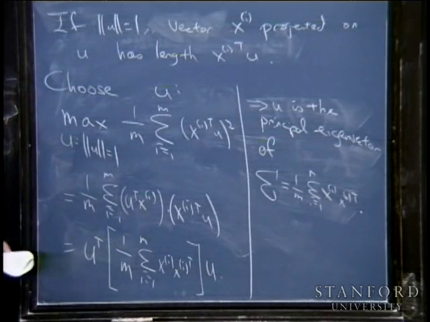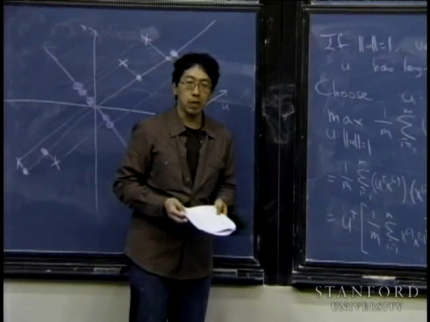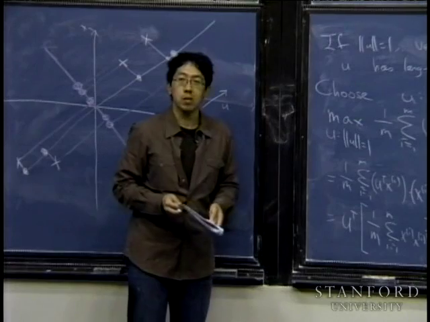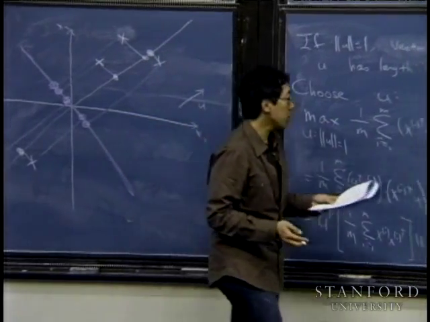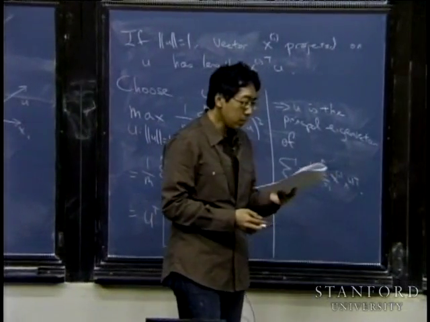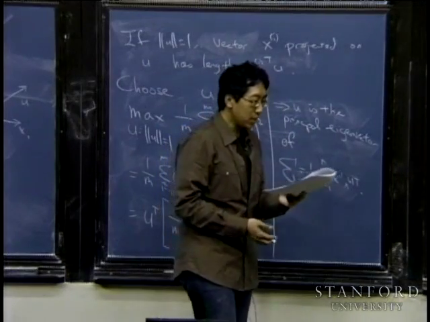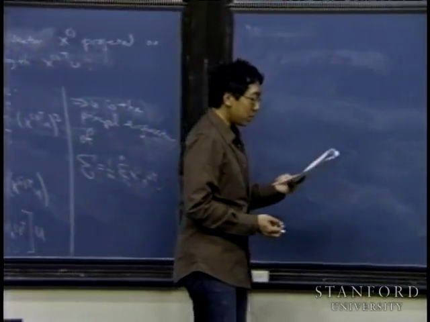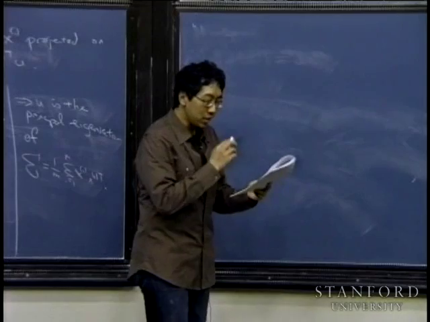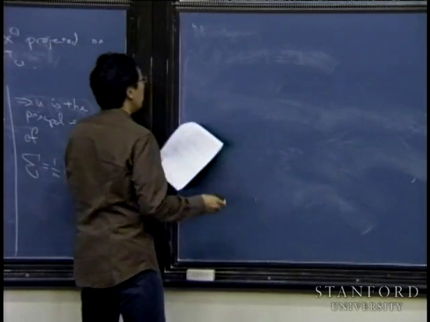Actually, let's check. How many of you are familiar with eigenvectors? Wow, cool. Most of you, almost all of you. Great. What I'm about to say is extremely familiar, but it's worth saying anyway.